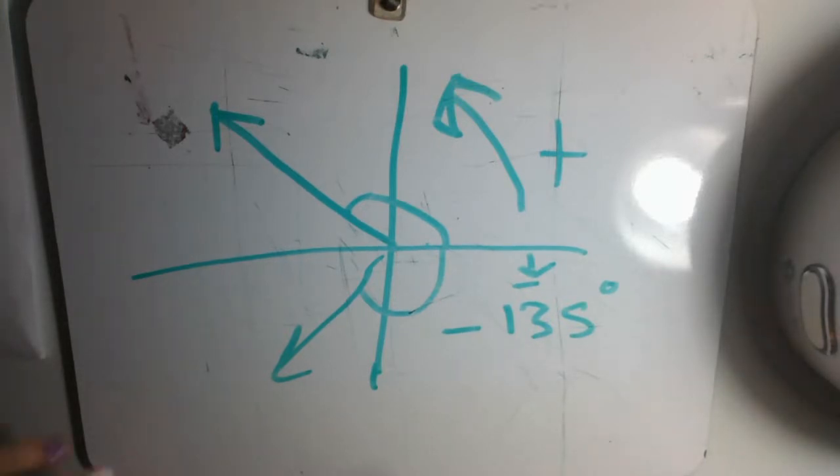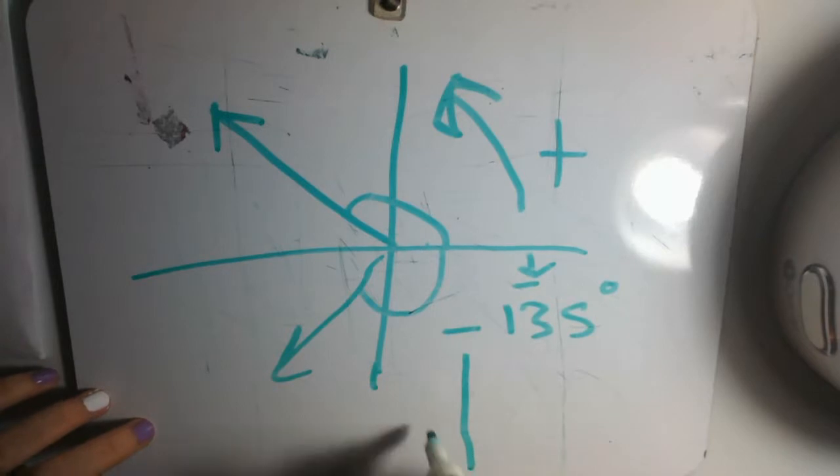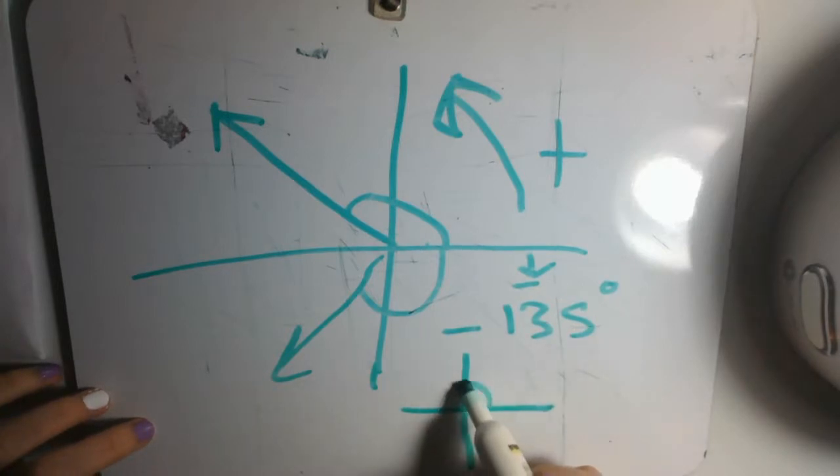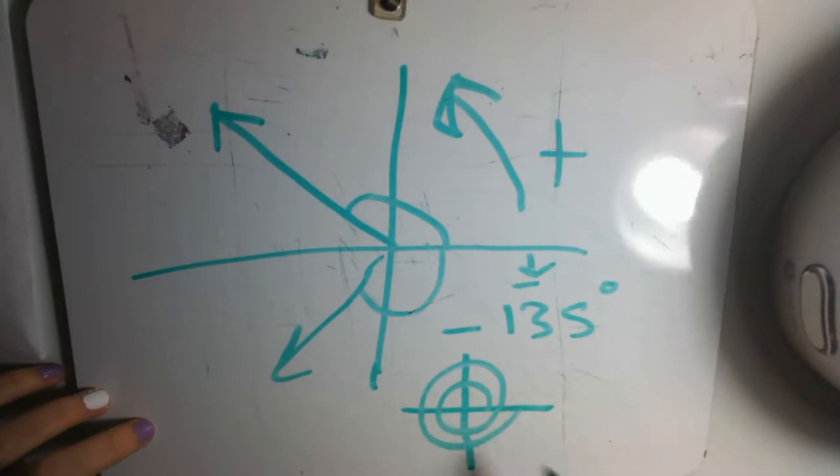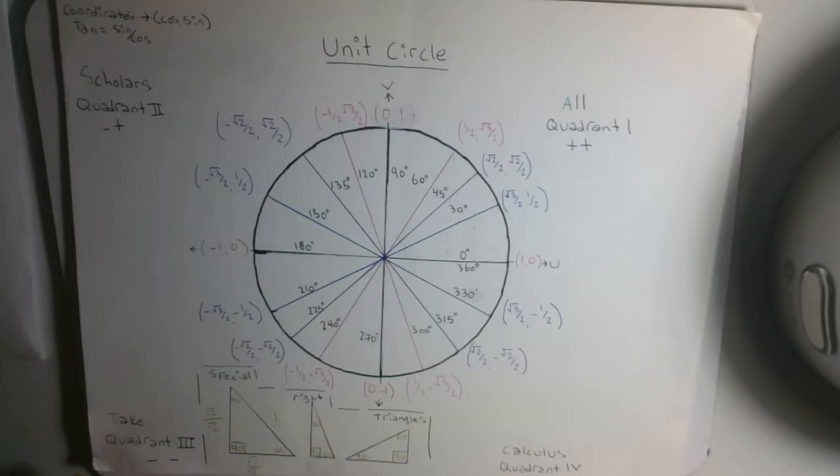Angles can also go around more than once, so if this is 360 degrees, twice, which is a spiral, would be 720 degrees.